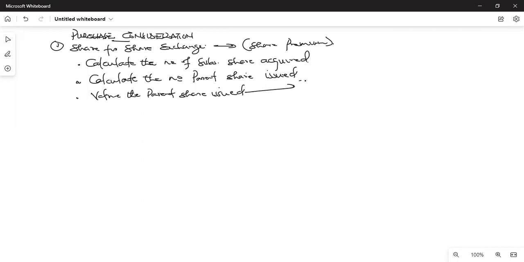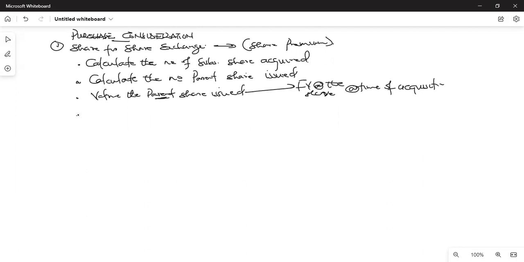Here you are using the fair value of the share at the time of acquisition. And mind you, we are talking about the parent share here, not the subsidiary.